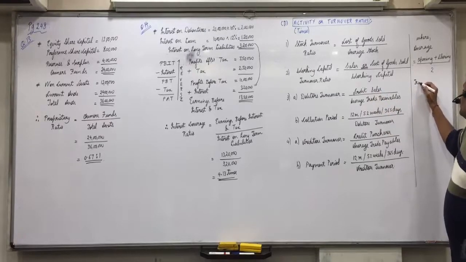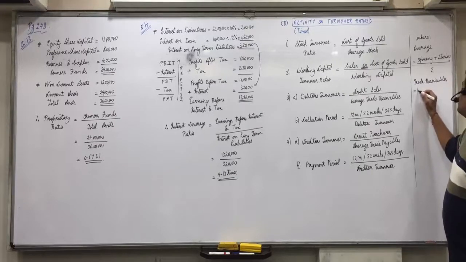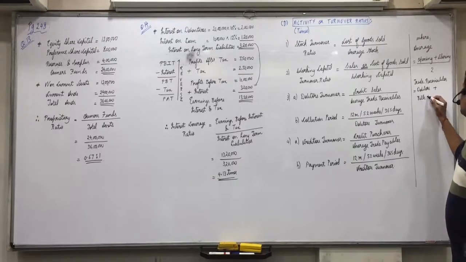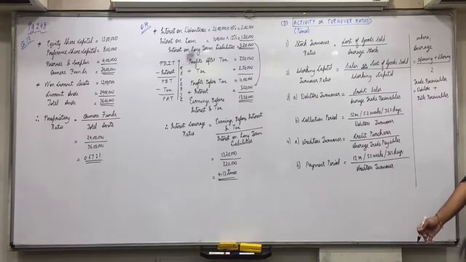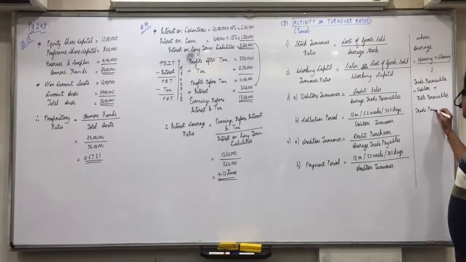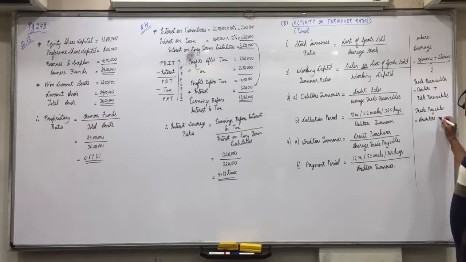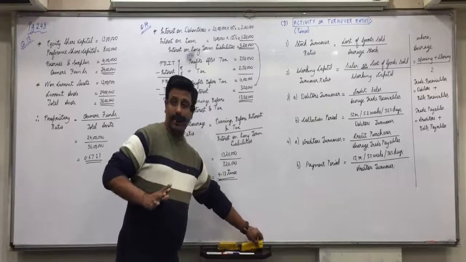Trade receivables we have seen in company final accounts: trade receivables is equal to debtors plus bills receivable. In the same way, trade payables is creditors plus bills payable. Did everyone understand this? Does anyone have any doubt in this?